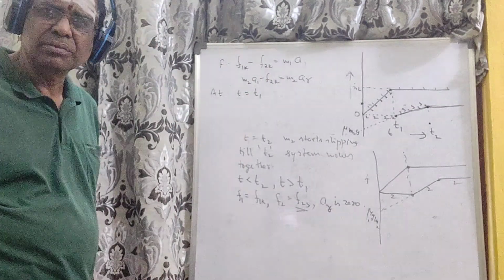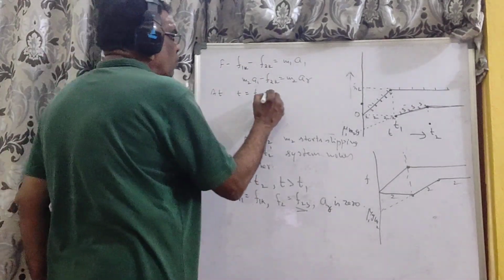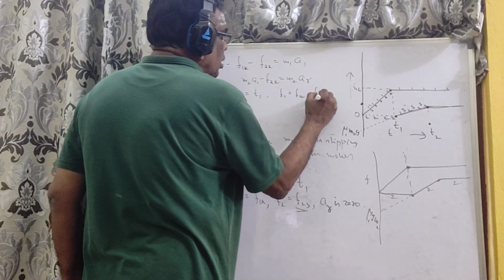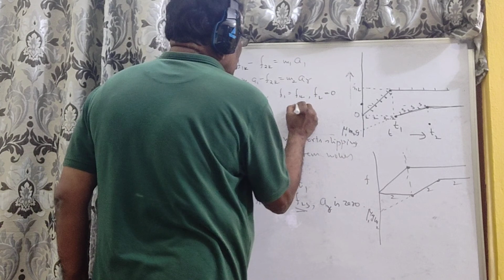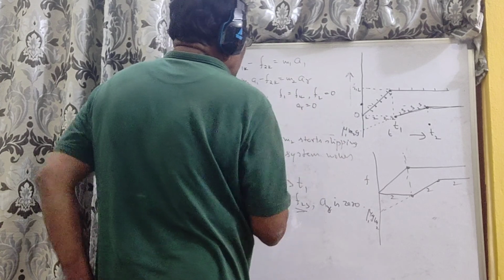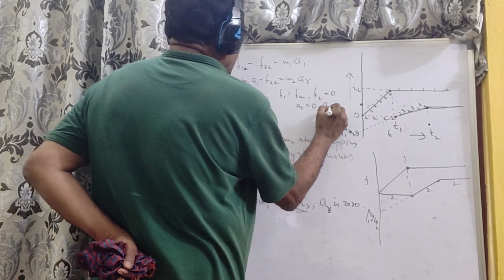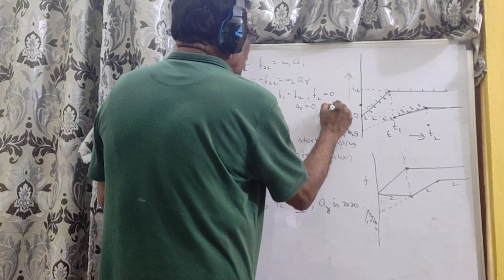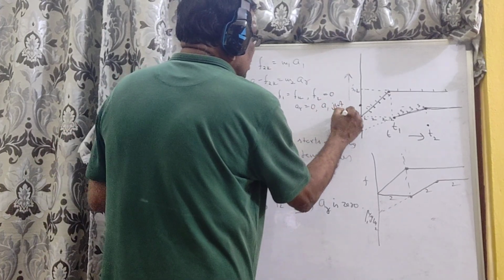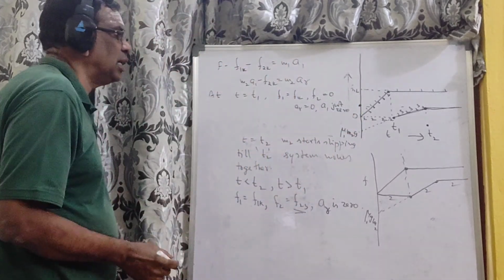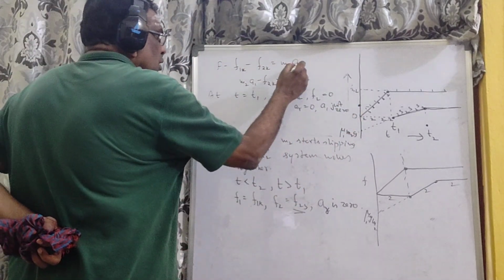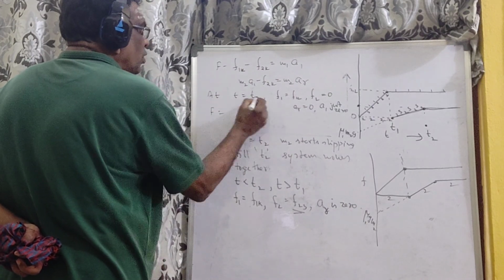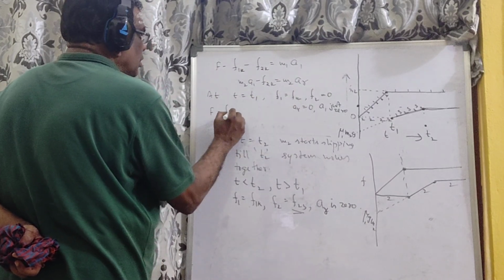What do you do? F1 is F1L, F2 is 0, AR is 0. A2 of course is not there, so we need not bother. A1 is just 0, about to start. So this is 0, this is 0, the whole thing is 0, therefore F1K becomes F1L.